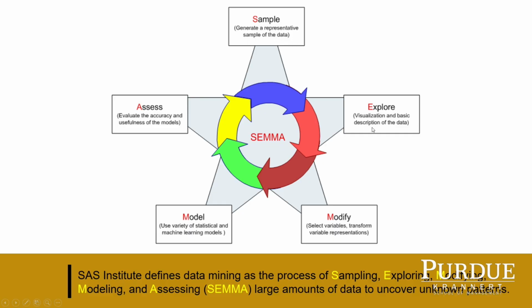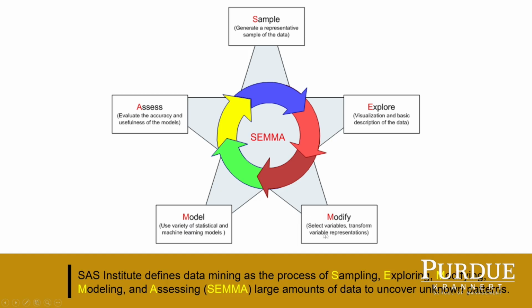Explore means we can explore the data set to get some basic information or description of the data. Modify means we can select or transform variables, or fill in missing values of the original data set.